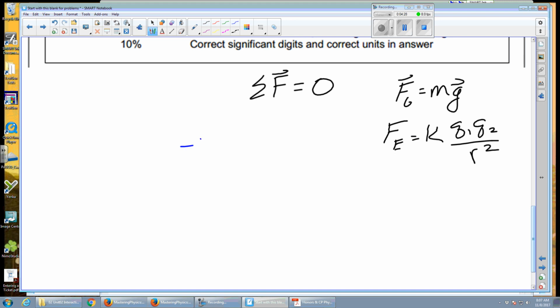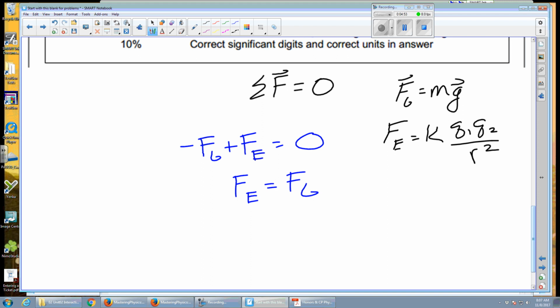That means I have negative weight plus my force electric. This is right from my diagram. Those add up to equal 0. So my electric force, electrostatic force, must equal the weight. Now, some people would mistakenly say, oh, that must be true because they're a force pair. Are they a force pair?